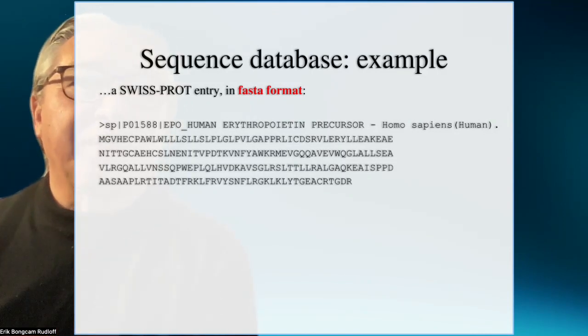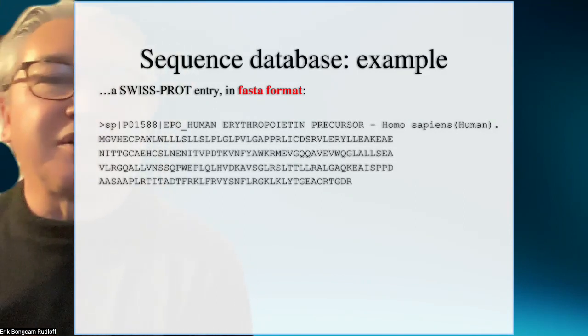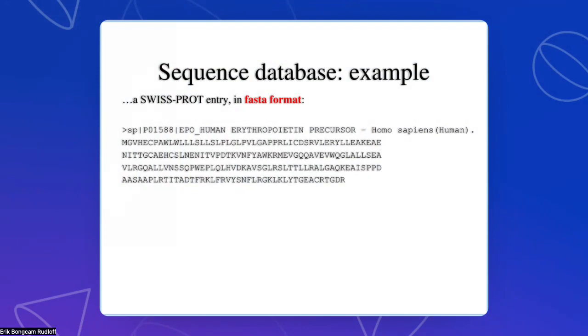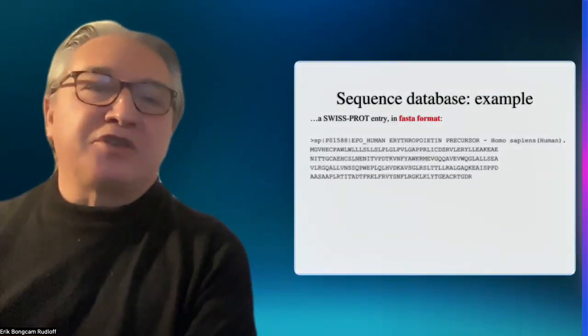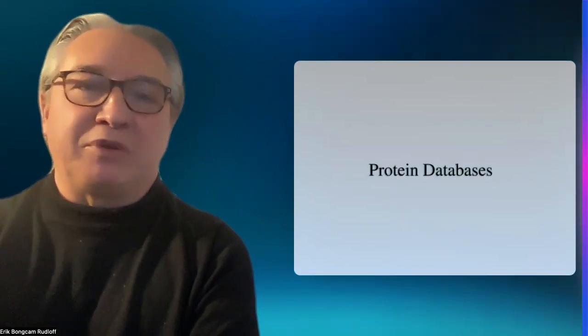Super simple. Again, you can do this manually if it's only 1, 2, 3 sequences, but I recommend that you use a tool if you have many sequences. So the English of bioinformatics: FASTA format, super simple.